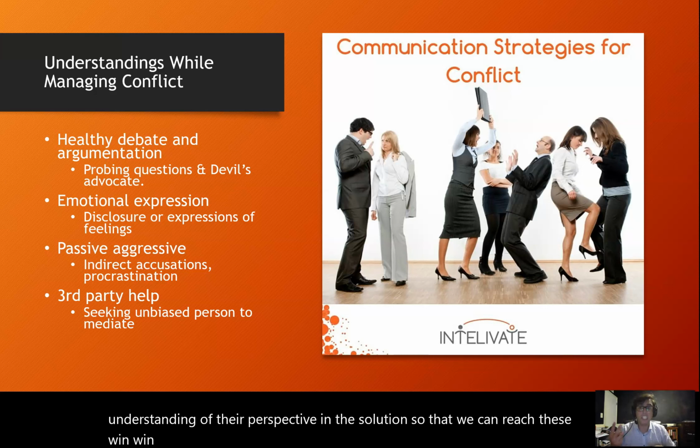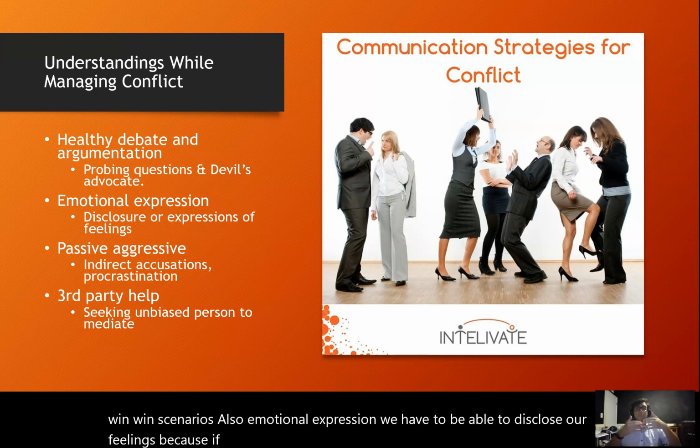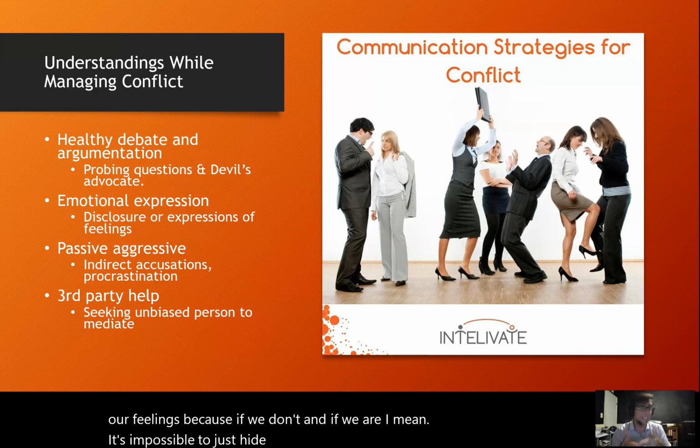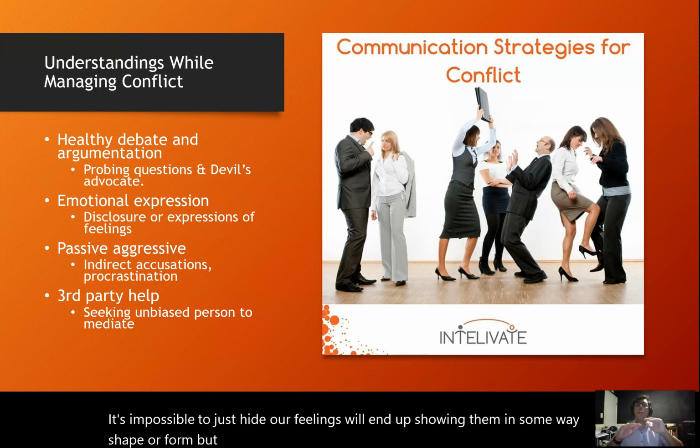Also, emotional expression. We have to be able to disclose our feelings, because it's impossible to just hide our feelings. We'll end up showing them in some way, shape, or form. But by being honest with our feelings, we won't have a blow up.